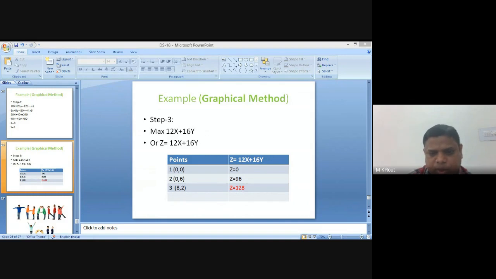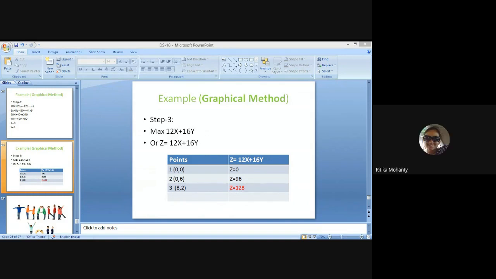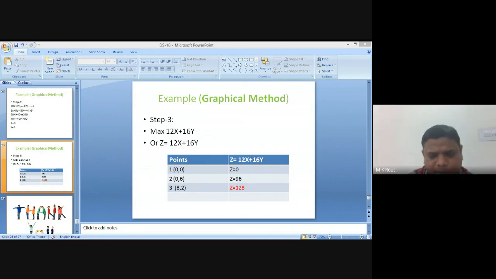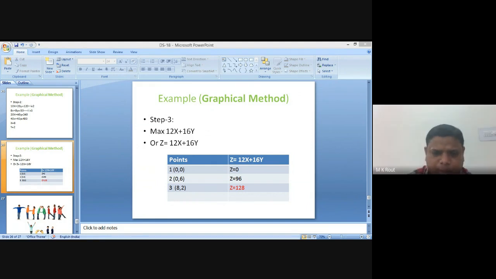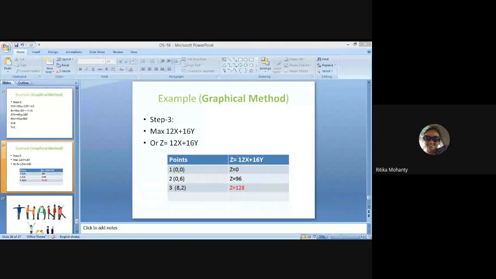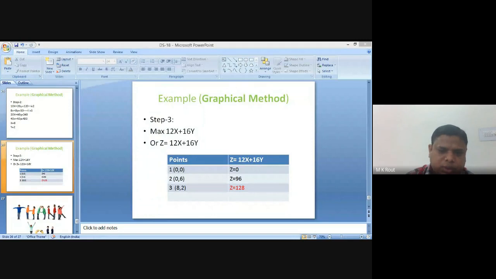So we take only up to 3 points, 1, 2, and 3. Only 3 points you have to mention there. But in the case of the graph, you have to mention those 4 points. Okay, that's all from my side.